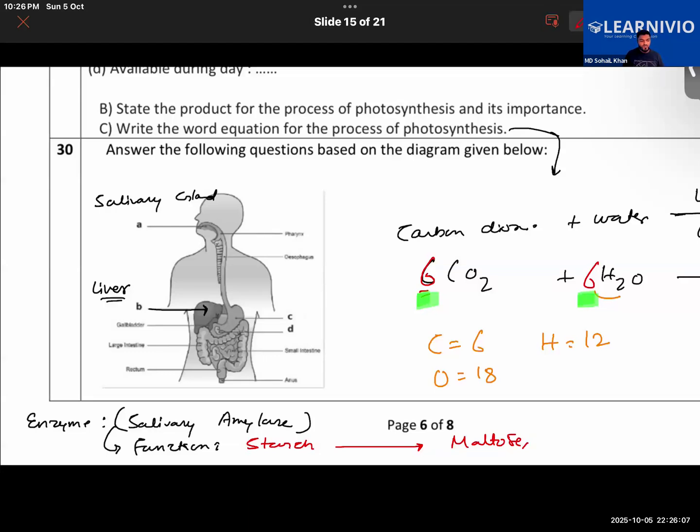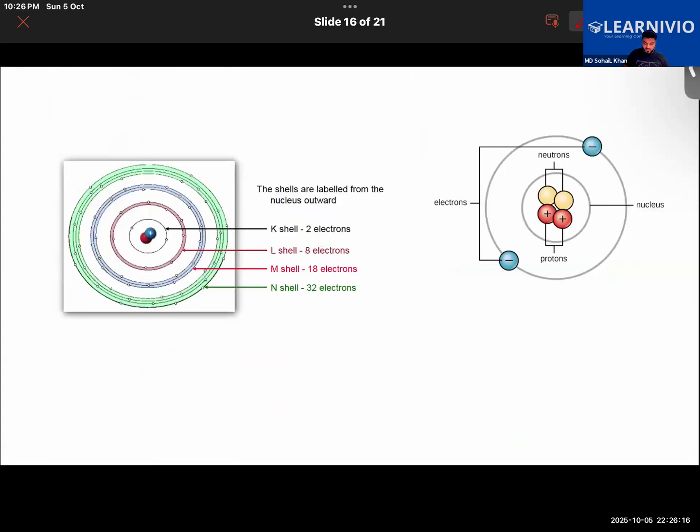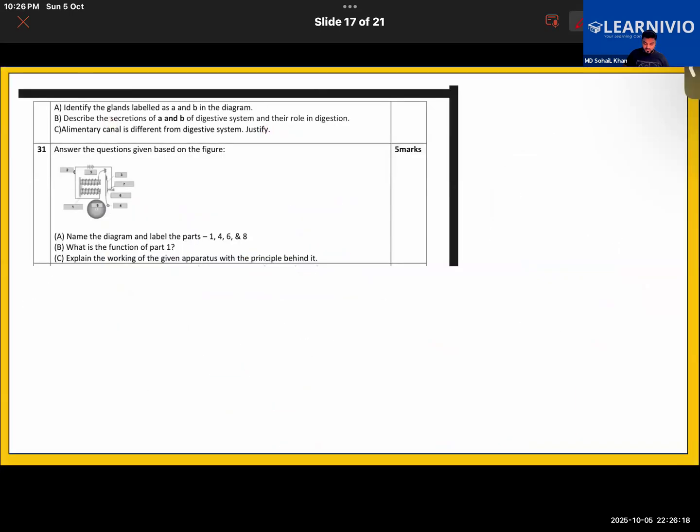Liver. What should I talk about? What is its function? The second part says to describe the secretion and their role in digestion.